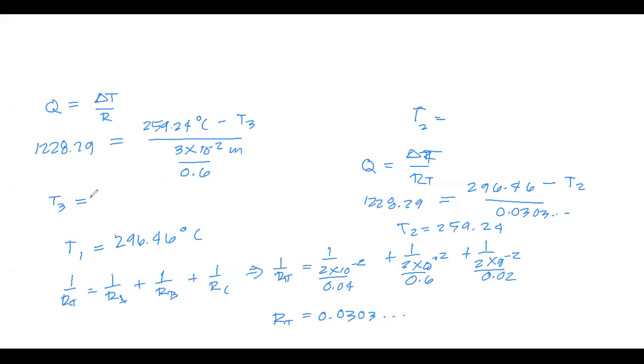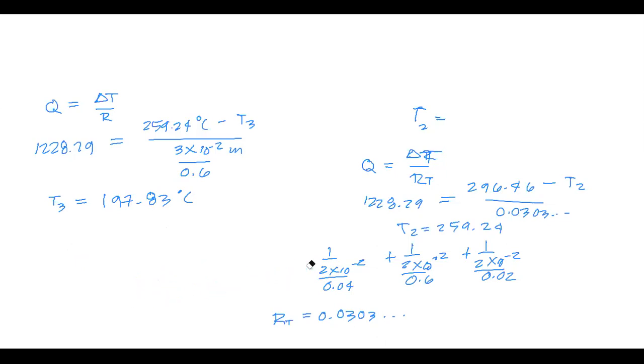So we have 197.83. Okay lang? Susundan pa ako. And then finally, meron pang air resistance. So ito na yung temperature natin. Tapos may air resistance. So ang air resistance is 10.